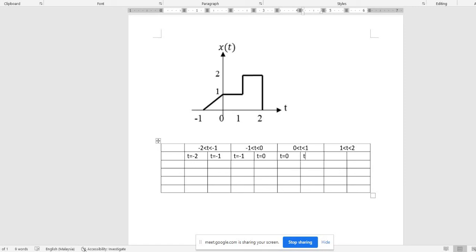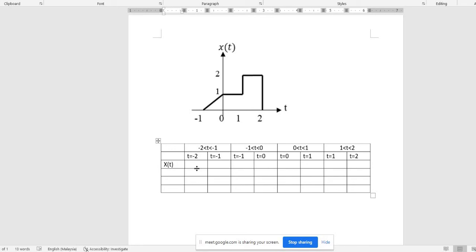Then this one is t equal to 1. Then t equal to 1. Then t equal to 2. Okay, now this one I want to fill up for the value of x(t).